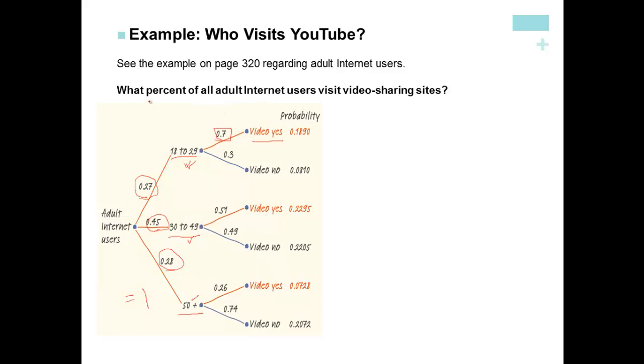So notice how I'm looking for the percent of all adult internet users that visit video sharing sites. There's 3 places: here, here, and here, where adult internet users view video sharing sites, 1 for each of the 3 age groups we're concerned with.